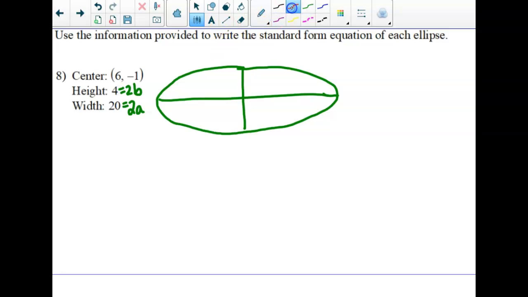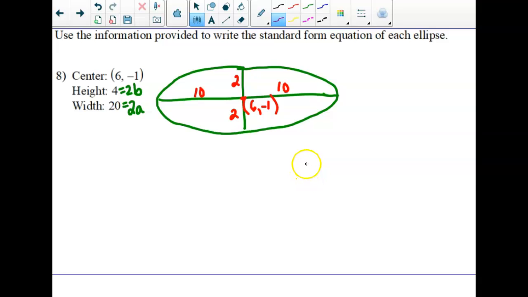All right, so from our center, somewhere over at 6, -1, we went up and down 2, and we went left and right 10. So that this was a total of 20 in width and 4 in height. Sorry.